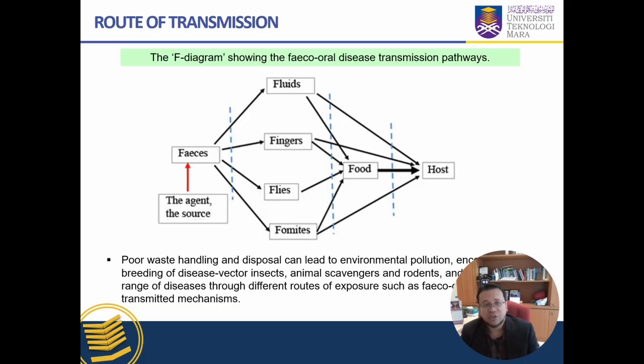Pathogens from feces can spread through fluids, fields, flies, fingers, and food, eventually entering the mouth of a new host. This is why sanitation systems exist to break these transmission pathways and interrupt the spread of disease.